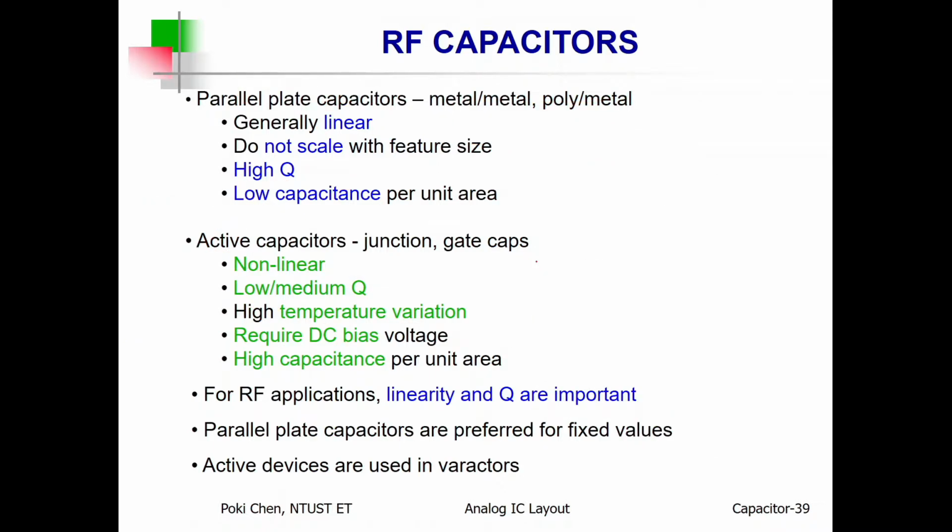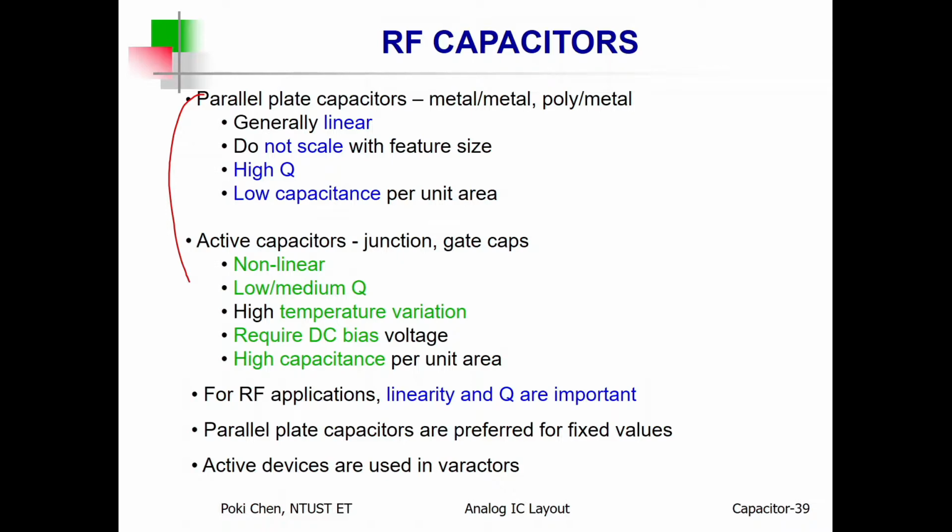The authors from maybe Stanford or Berkeley University would like to create a new one to combine all the benefits of those two kinds of capacitors. All right, what's that?